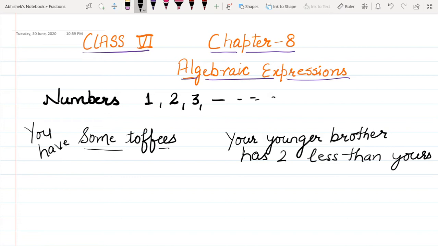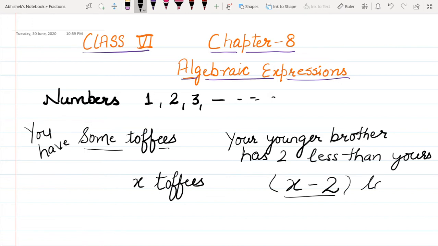We don't know how many toffees you have. Suppose you have X toffees. So whatever toffees you have, your younger brother has 2 less than yours. It means your younger brother has X minus 2 toffees.